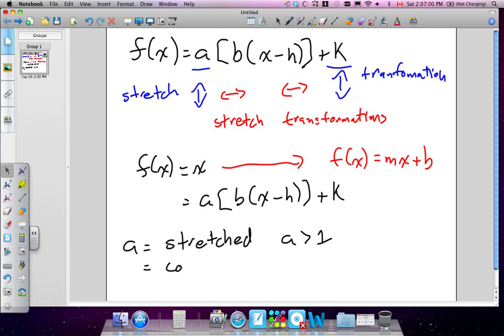If it's compressed, that's when A is between 0 and 1. So A is greater than 0 and less than 1. So that's when we get fractions. Okay? And if A is less than 0, it's a flip on the x-axis. Okay?